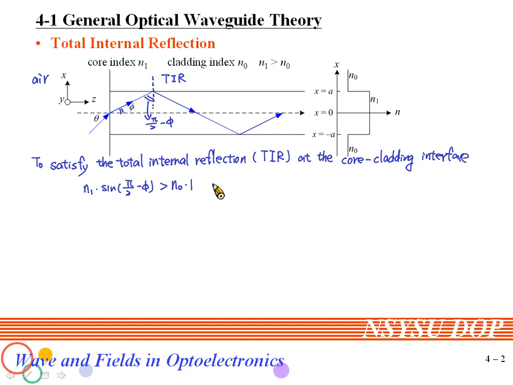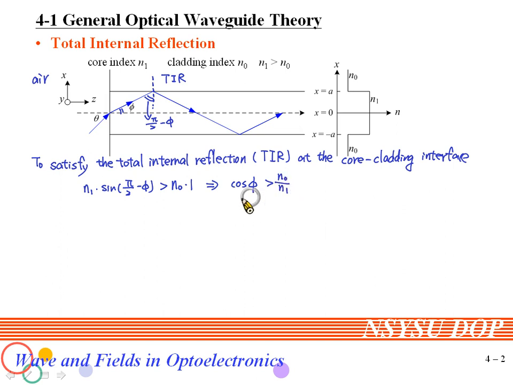And from this condition, we can say that the sine here can be expressed as cosine phi. So we say cosine phi must be larger than N0 divided by N1.